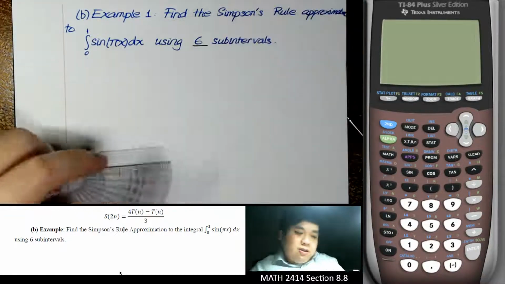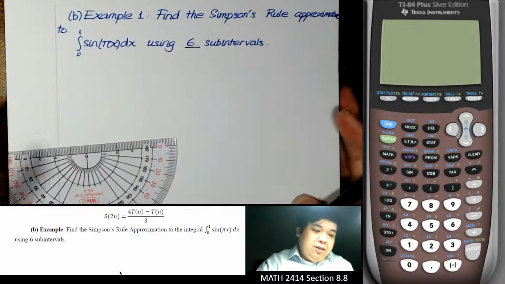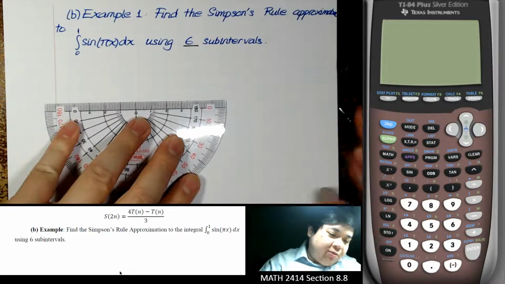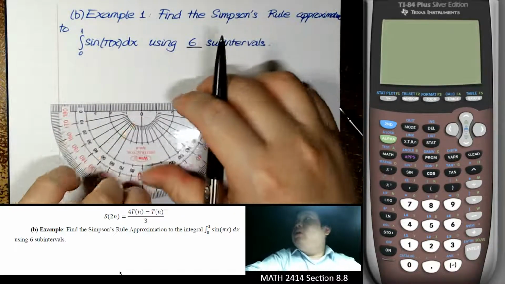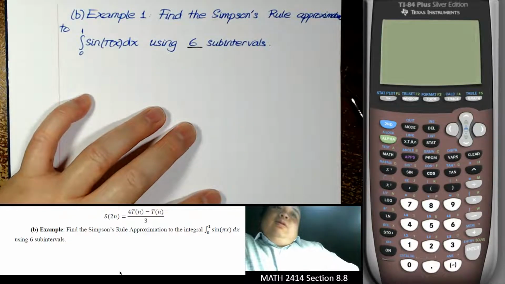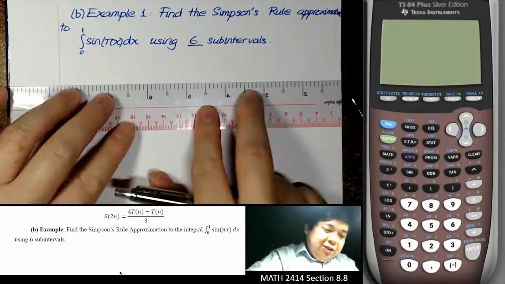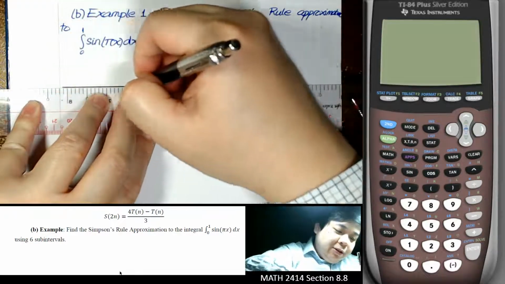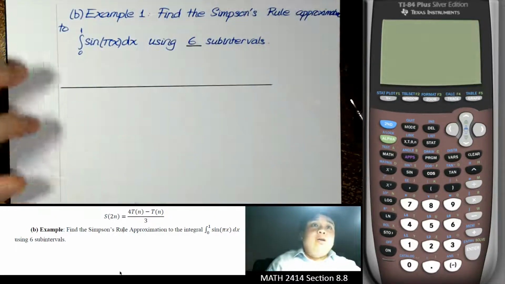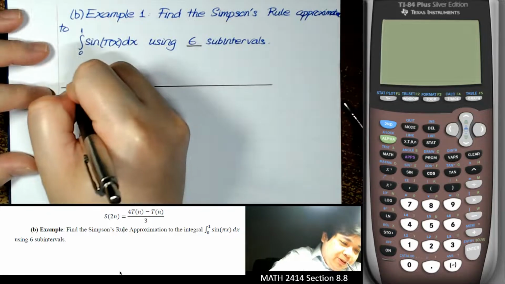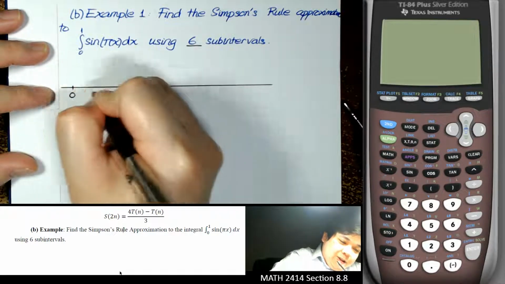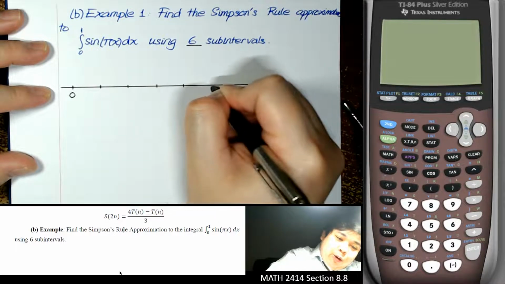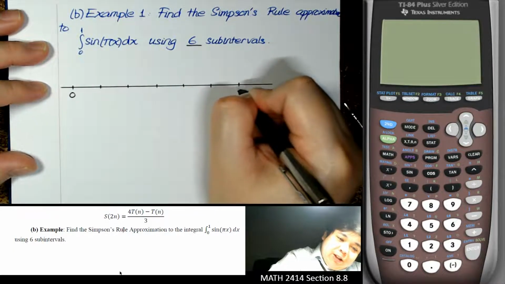Right. So first I'm going to write down the interval from 0 to 1, and mark 1, 2, 3, 4, 5, and 6.